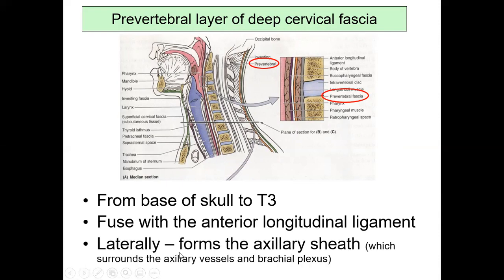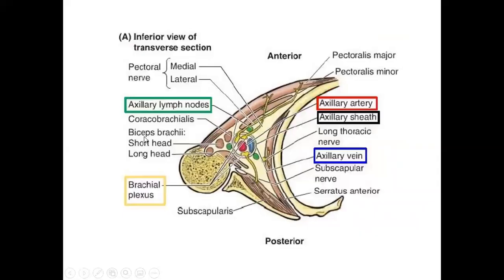Laterally, this prevertebral layer of the deep cervical fascia forms the axillary sheath, which surrounds the axillary vessels and also the brachial plexus. If you see here, this is the anterior part, this is the posterior part, so we see this part from both.